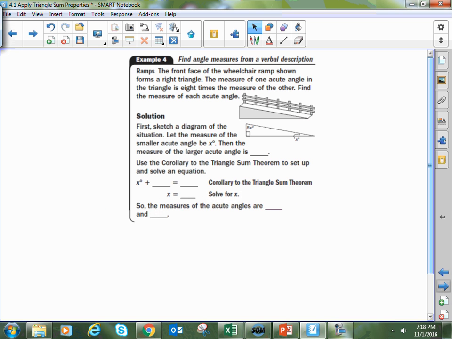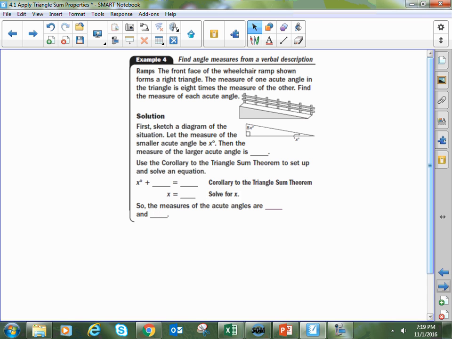And that's really what this example is asking you to take a look at. Here it's giving you a situation where you have a ramp that's being built. A lot of times in algebra class you would see an application question like this based on the slope. But here we're looking at the fact that we are making a right triangle and that the two acute angles of the right triangle must be complementary.